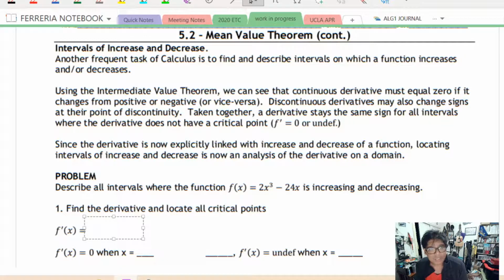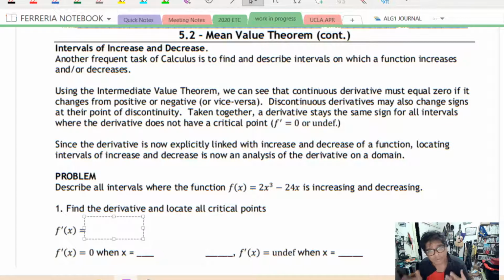I'm not sure what the continuous is there for, but basically what we're saying is that if a derivative is going to change from positive to negative at some point, or maybe we should do the other way around.